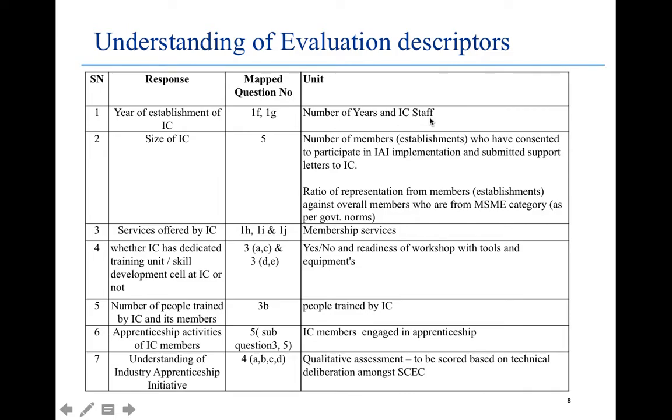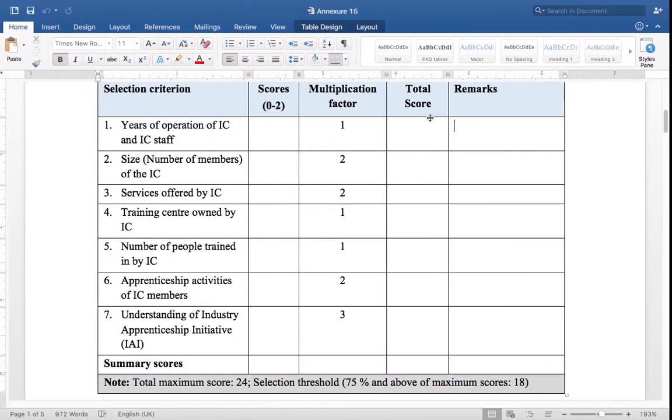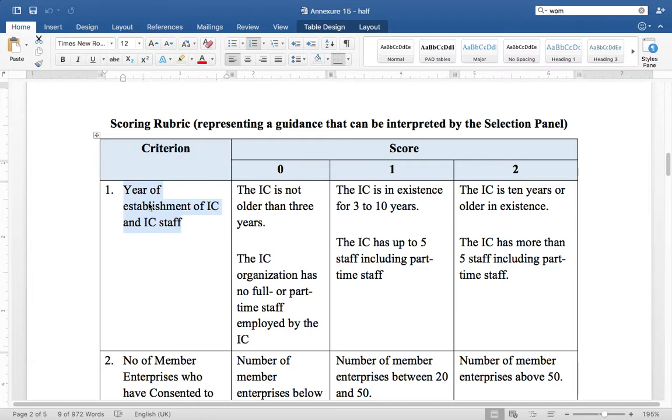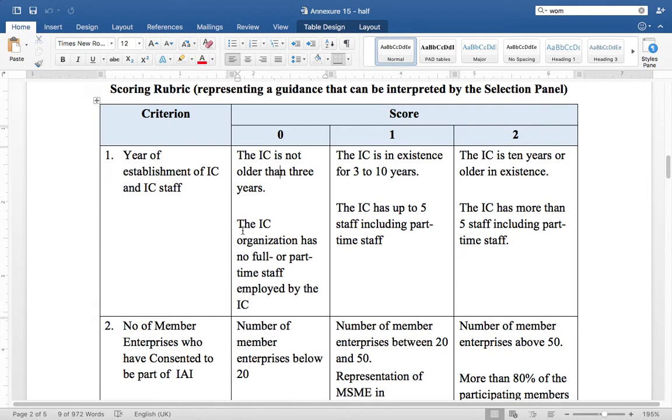Let's take a quick example. If you see the scoring rubric for year of establishment, it takes into account ICs not older than 3 years. That means the unit is years, and second, whether the IC organization has full or part-time staff. So there are two variables that the cluster evaluation committee will look into while using this scoring rubric.